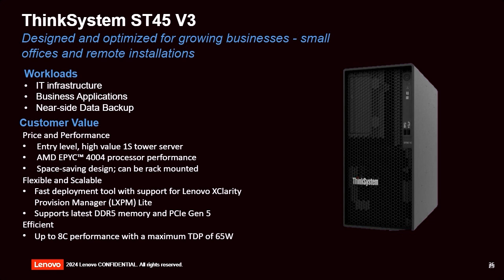What LXPM Lite is really is the ability to use a thumb drive with a USB so that we can go ahead and load an OS onto this server. We can clone this server from one to another as well. Unfortunately, to keep costs down, we do not have the ability for the remote management like we do in the new ST50 V3 or the ST250 on this.